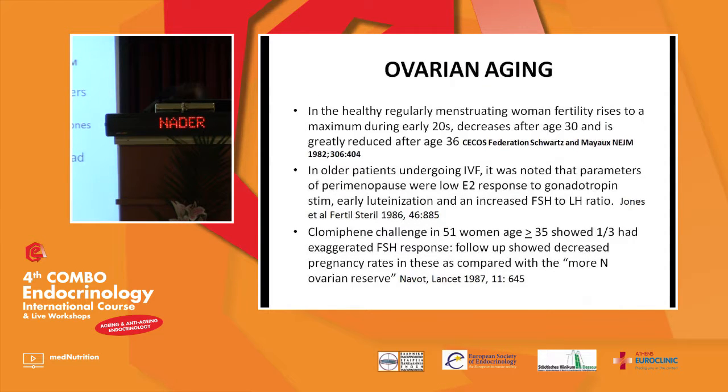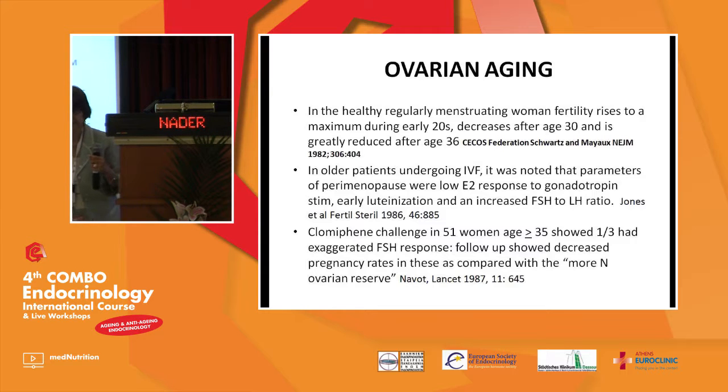So in regularly menstruating women, fertility rises to a maximum in the early 20s. Actually, all of this came about in 1978 after Louise Brown, the first in vitro fertilization baby, was born. And infertility, as we know it, was kind of put on the map at that time.